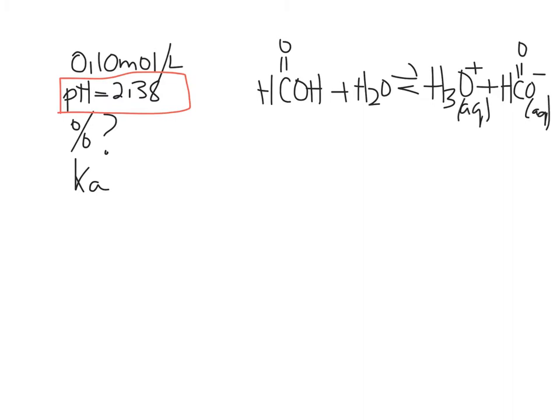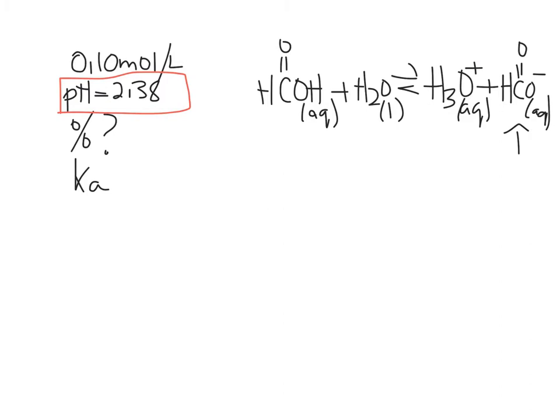Methanoic acid will form the methanoate ion. You take the H off of the OH. So here's our formula for the ionization of our acid.